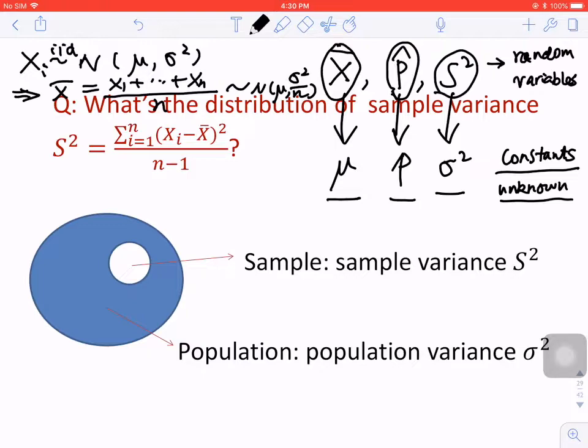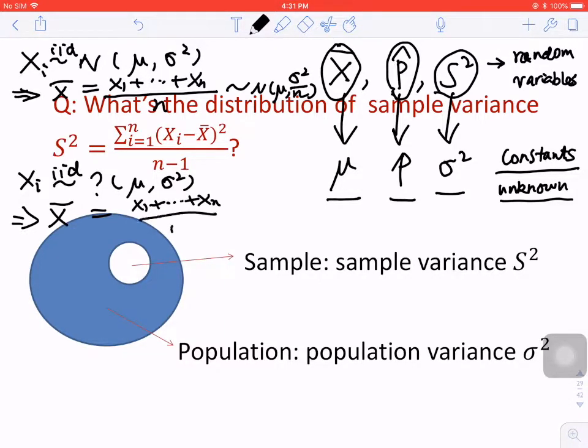Okay, and then we also said if the original distribution, that is the population distribution, is not known, we do not know the distribution, or we can say it's not normal, but we know the mean and the variance, then we can say X bar, the sample mean, still follows a normal distribution with mu and sigma square divided by n.